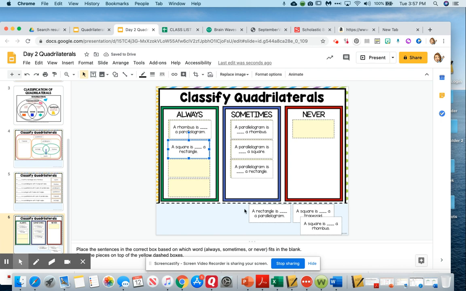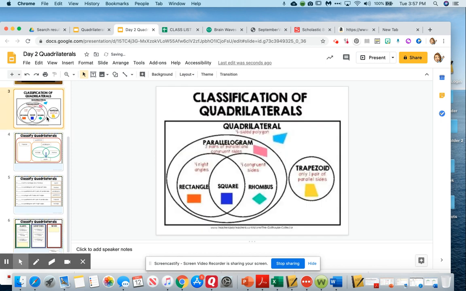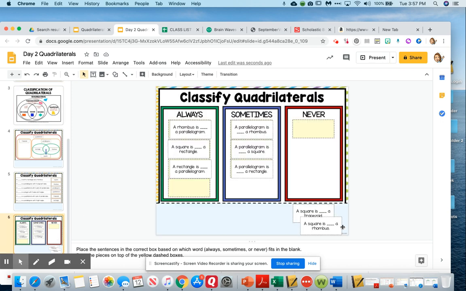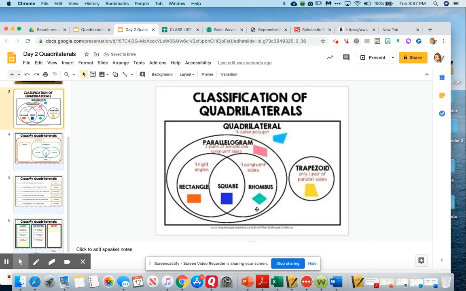A rectangle is blank a parallelogram. Well, a rectangle is always a parallelogram because it's part of the parallelogram family. It's always a parallelogram. Okay. And then a square is blank a rhombus. Well, again, the same thing. Remember, a square is always a rectangle. It's always a rhombus.